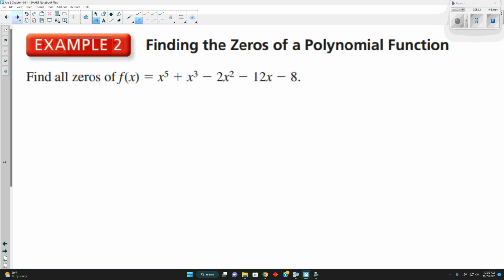I think we feel pretty comfortable with this so far, yes? So, when we look at this one here, we want to find all the zeros for this function. How many zeros should we have? 5. Now, again, what we can do first is graph it. Because if we graph it and find 5 nice numbers, then we are done.